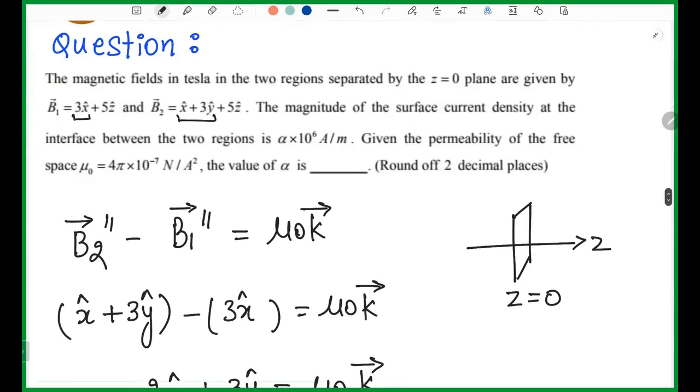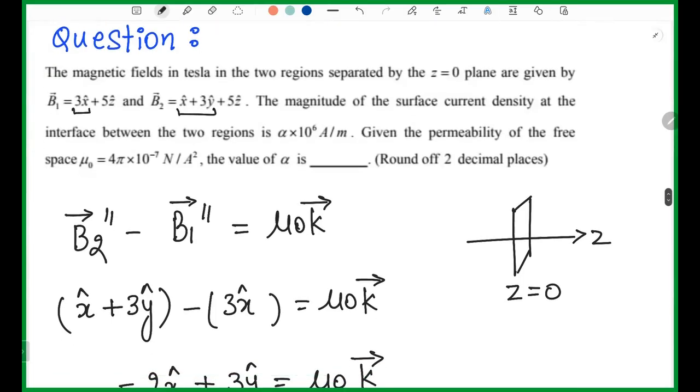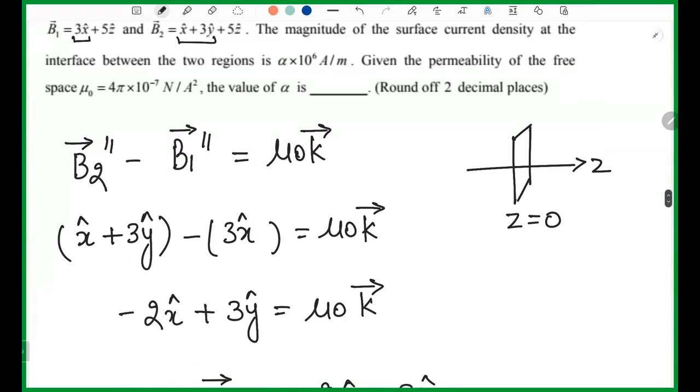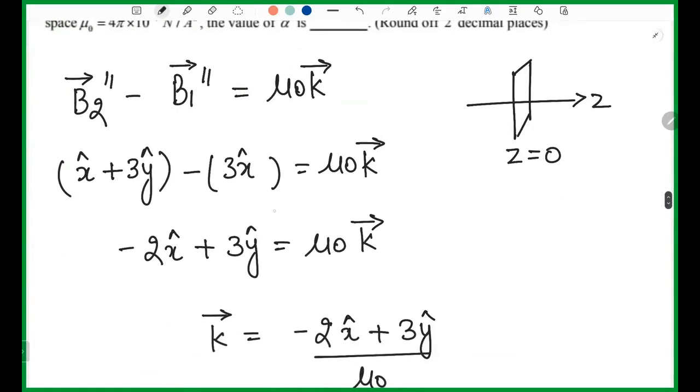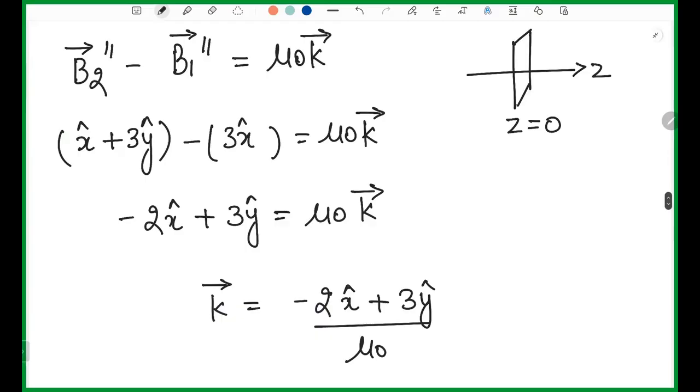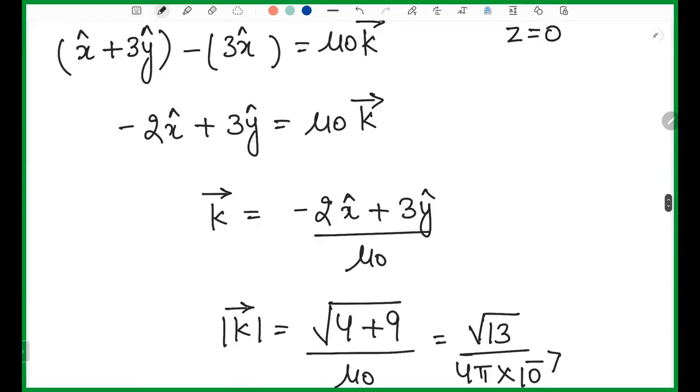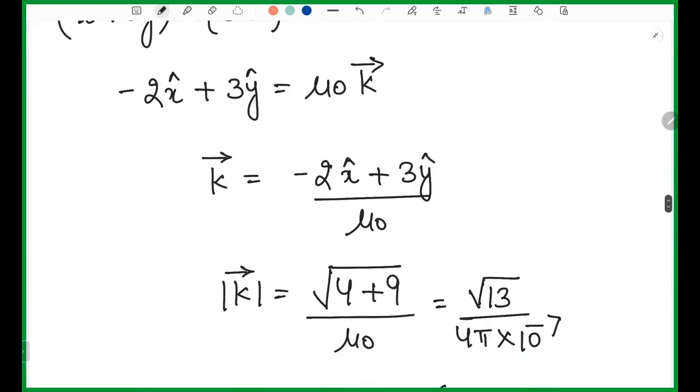I will use my equation, B2 parallel minus B1 parallel equals mu naught K vector. Basically, they are asking what is the magnitude of this K? So B2 parallel minus B1 parallel equals mu naught K. B2 parallel is x cap plus 3y cap and B1 parallel is 3x cap. So mu naught K vector comes out to be minus 2x cap plus 3y cap, or my K vector will be (minus 2x cap plus 3y cap) by mu naught.